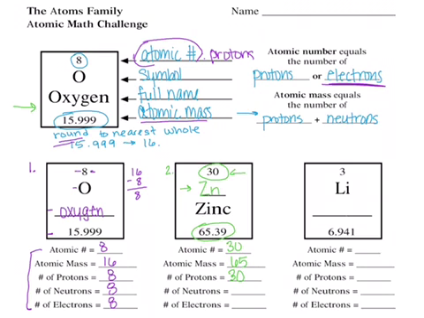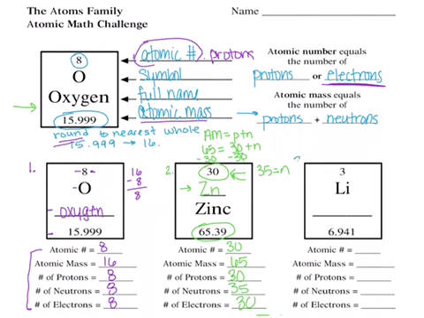Then we have to do a little math to figure out the number of neutrons, using the formula atomic mass equals protons plus neutrons. Our atomic mass is 65, we have 30 protons, and we need to solve for n by subtracting 30 on each side. 65 minus 30 is 35 neutrons. Lastly, the number of electrons is also equal to the atomic number, in this case 30.